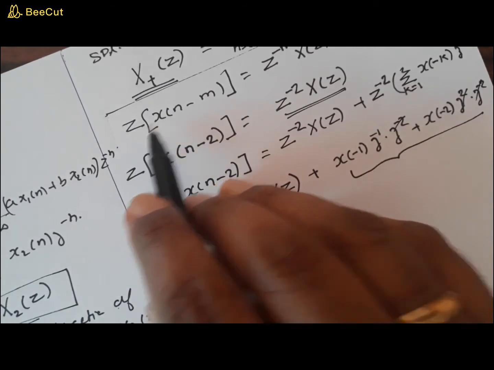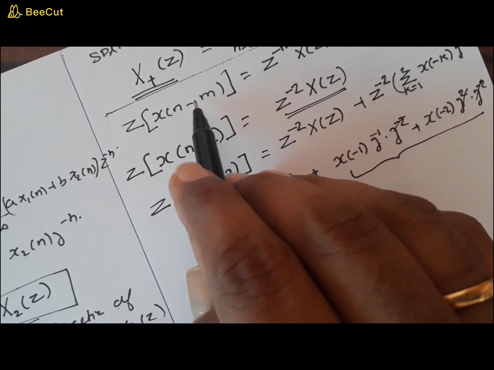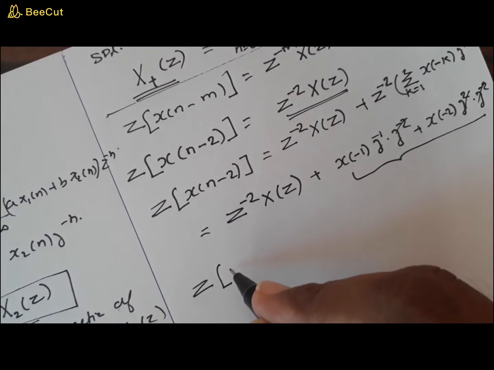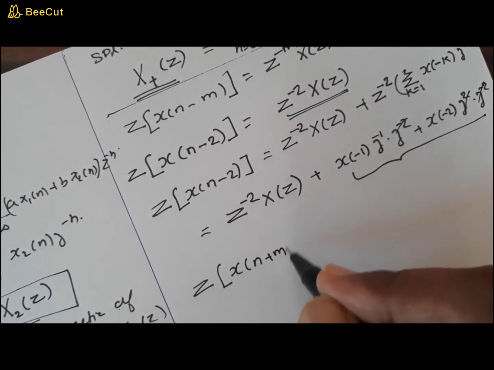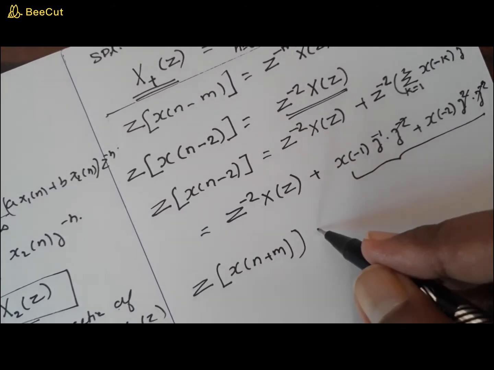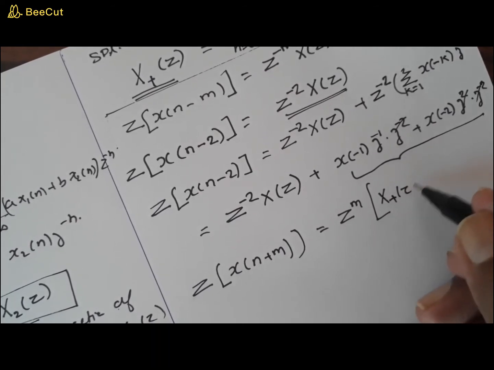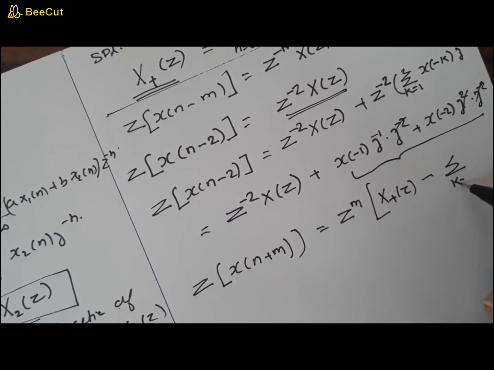Similarly, if it were x of n plus m, then you may make a note of this: it will be equal to z raised to m into X plus of z minus the sum over k equal to 0 to m minus 1 of small x of k into z raised to minus k.